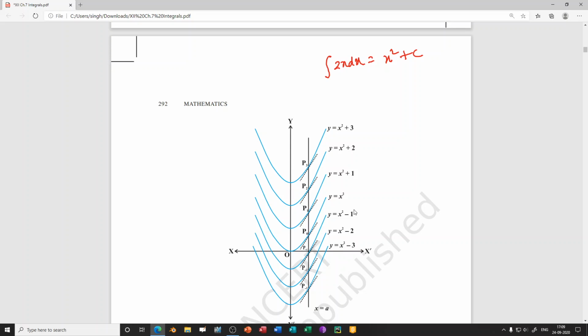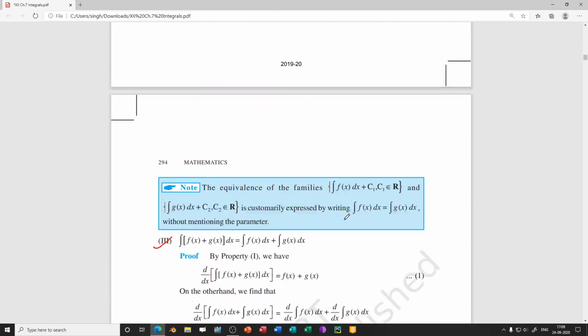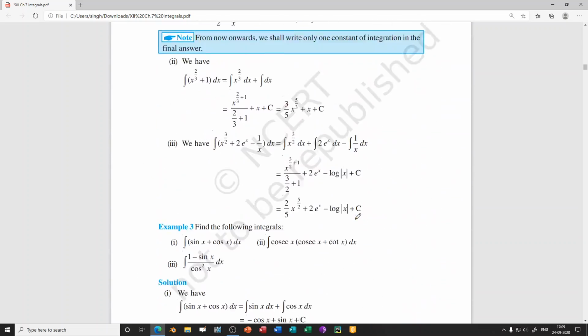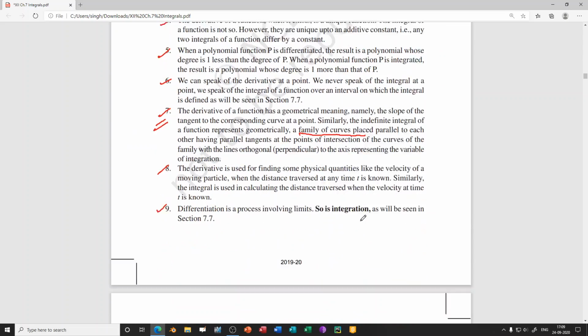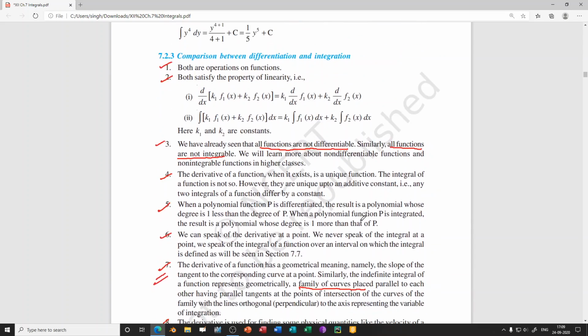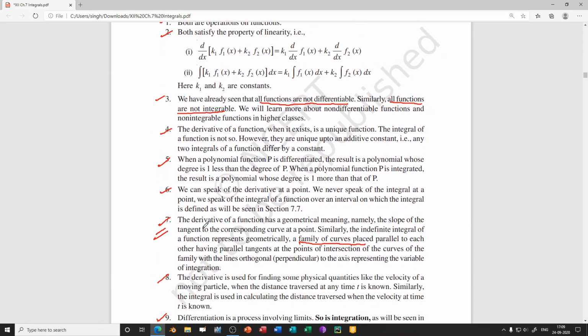And if we draw tangents at those points, they all will be parallel. You can see here tangents drawn at P3, P2, P1, P0, P minus 1, P minus 2, P minus 3. So they all are parallel. So this was the meaning of that particular remark, point number 7, that the derivative of a function has a geometrical meaning, namely the slope of the tangent to the corresponding curve at a point.